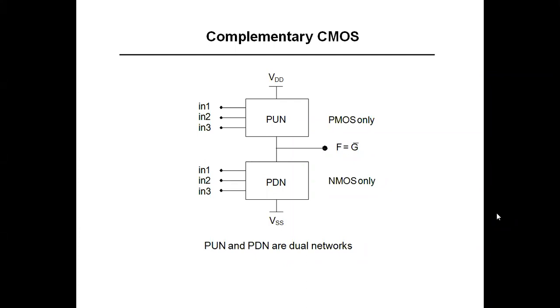Exactly the reverse is the case with NMOS: it can pass a strong logic 0 but a weak logic 1.